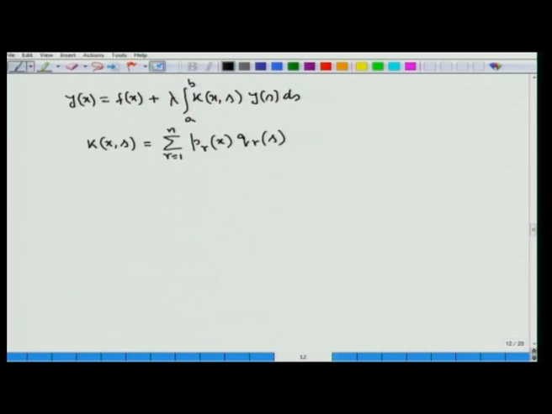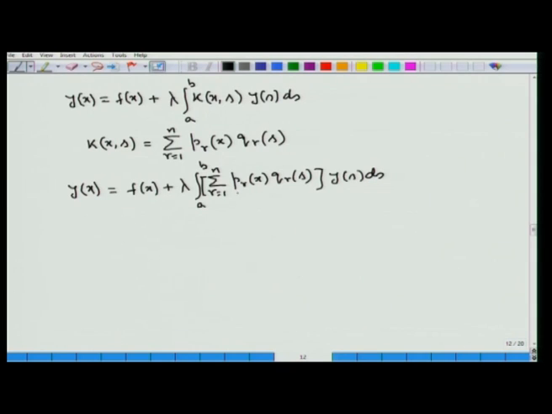If we substitute this expression for k(x, s) under the integral sign, then we have y(x) = f(x) + lambda integral a to b sigma r running from 1 to n p_r(x) q_r(s) multiplied with y(s) ds.